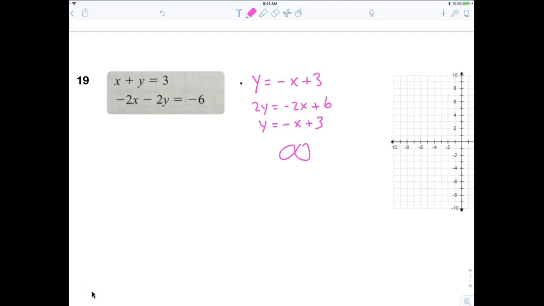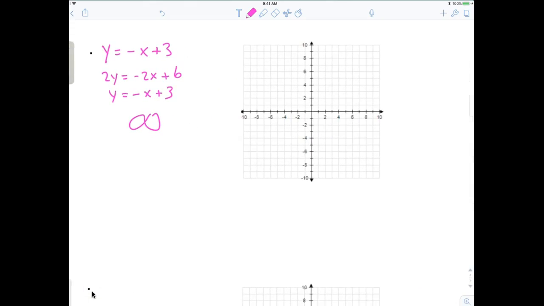So what I want you to do on one of them is to just go up 3, and then from there go down 1 and over 1 a couple times. And then I want you to graph the line.